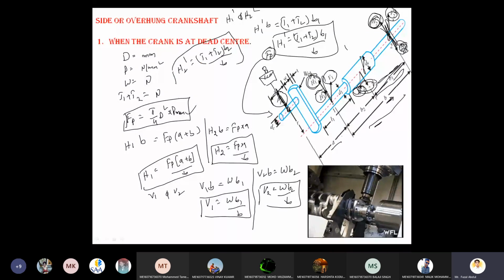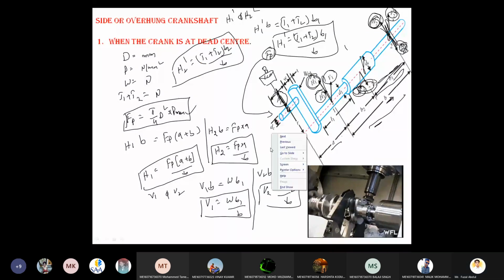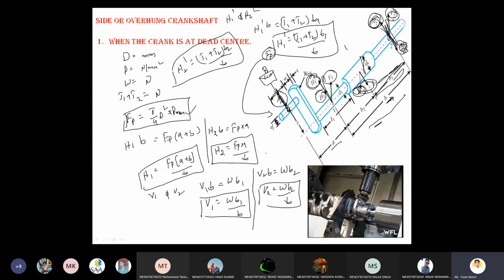Now, see here, total how many equations? Number 1, 2, 3, 4, 5, 6, 7. Total 7 equations are here.